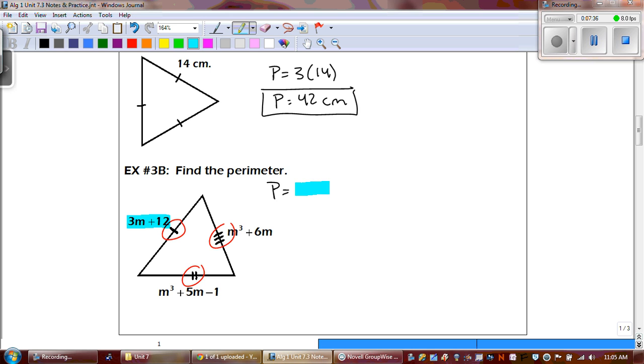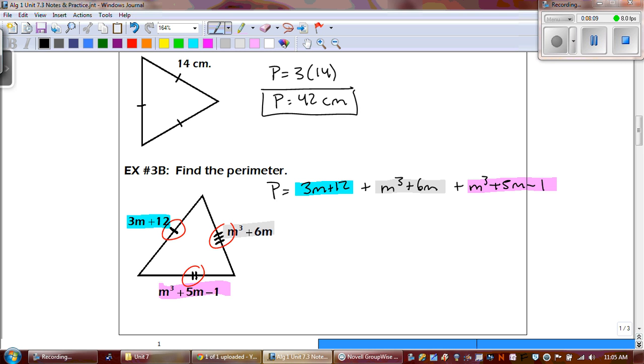So we're going to add up the 3m, plus this, and then plus this last piece, because we want all the sides. So 3m plus 12 plus m cubed plus 6m plus m cubed plus 5m minus 1.